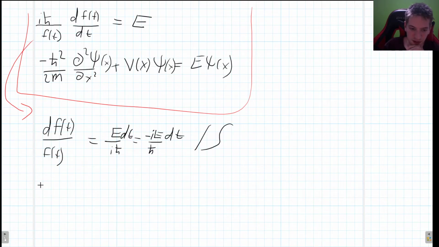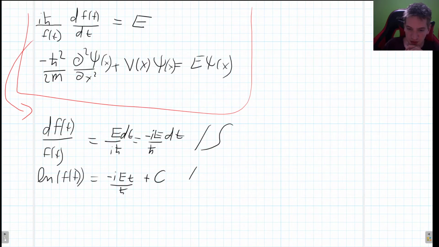To the left, this is just going to be the log of our function f of t, and to the right we are just going to get minus i E t over h bar plus some integration constant.